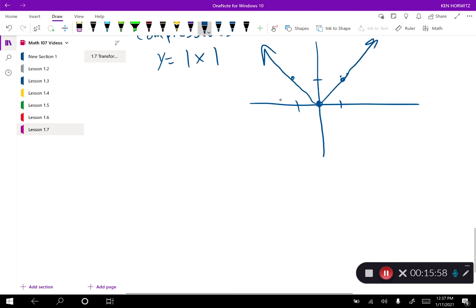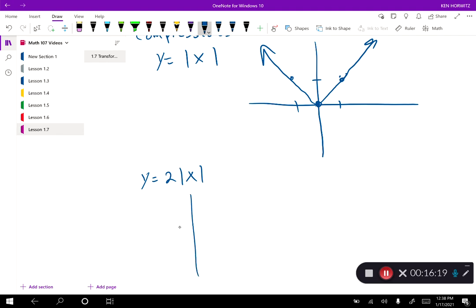But what if I had something like y equals 2 absolute value of x, which means I'm multiplying outside of my function's absolute value. I'm multiplying my value outside of that. So how is this going to look? Well, we can make a quick table of values.